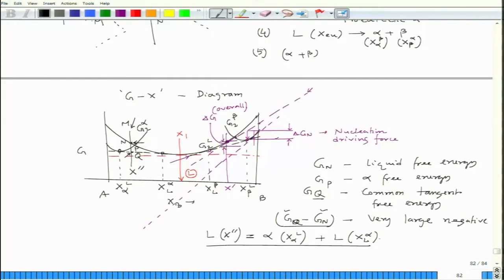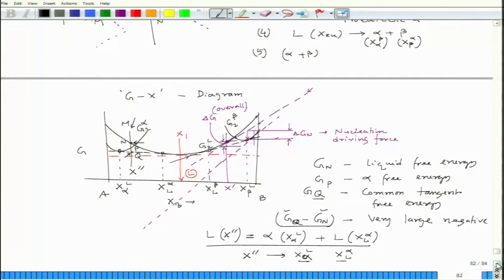But while we do that, we could see that X prime is dissociating into two compositions which are widely different.